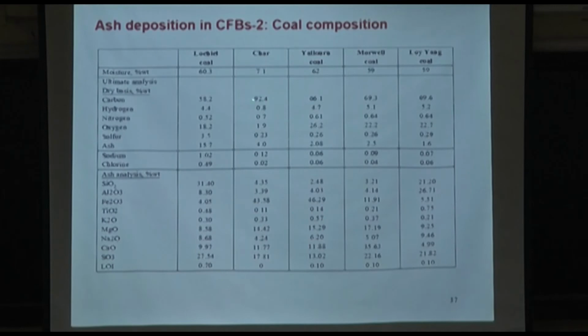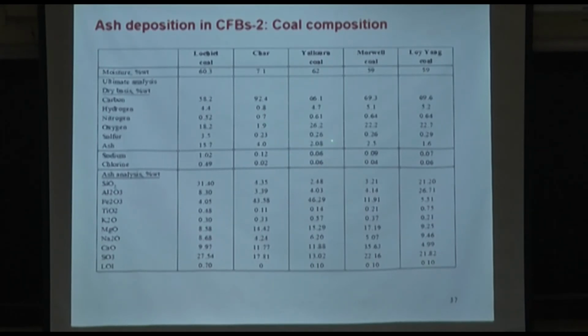And of course, the char will have the majority of the volatiles gone, that's why char has a lot less hydrogen compared to the coal. Nitrogen levels are more or less the same everywhere, always under 1%. Oxygen level is about 26% in these ones. Char being char, volatile is gone, so oxygen is also gone, that's why it's low.